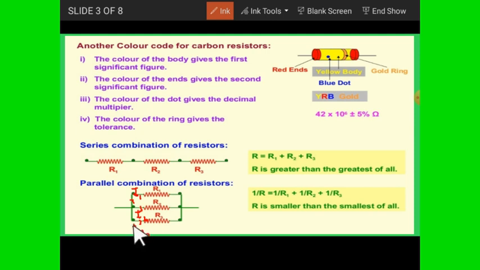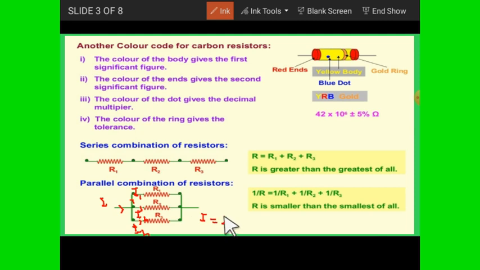Then what happens? The total current flowing across this conductor, let's take it that this is I, this total current I will be equal to the sum of these three currents.